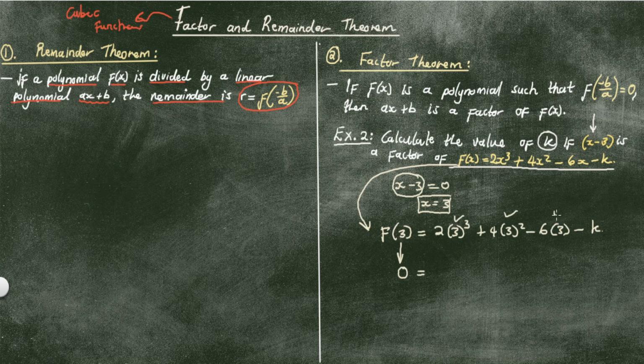These are all like terms, so we're going to simplify. We get 72 minus k. We're going to make k the subject of the formula. I think it would be a better idea to bring k over to the left hand side. We now have k equal to 72.